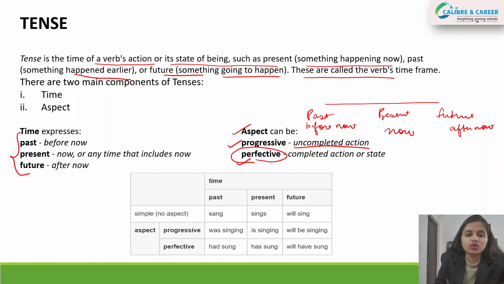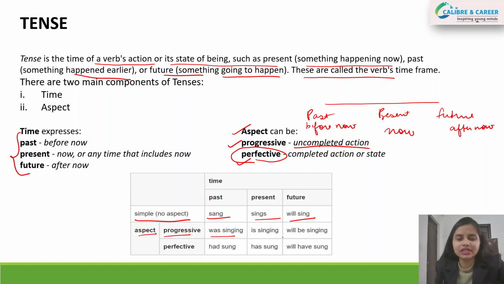In time, when we talk about simple, there is nothing to form, just the form in past, present and future: sang, sings and will sing. So this becomes your time. While if we talk about aspect, progressive means it is still continuing: was singing, it is not said in the sentence that she has stopped singing.